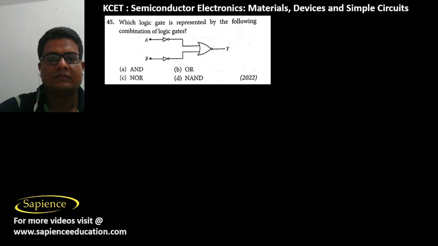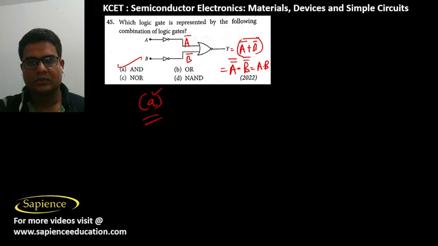So here the output will be A', here the output will be B', and Y will be equal to (A' or B')'. So that will be equal to A'' and B'', so this will be equal to A and B. So it means that this combination of logic gates is similar to the AND gate. So option A is the correct answer.